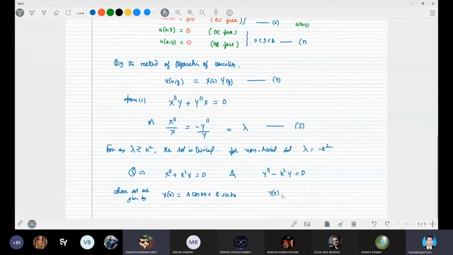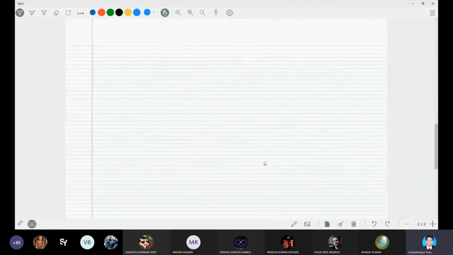Y of y equals, C has not been used in this problem, so you can use it: C e to the power ky plus d e to the power minus ky. That also we can write in hyperbolic forms, C cosh ky plus d sinh ky.